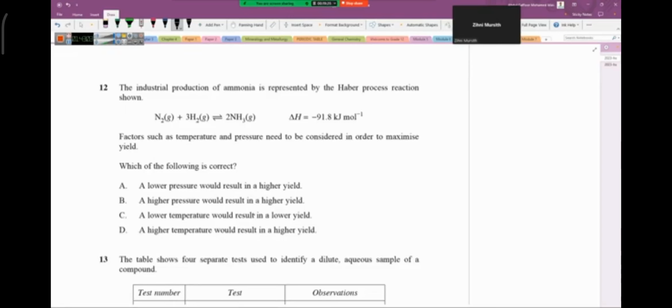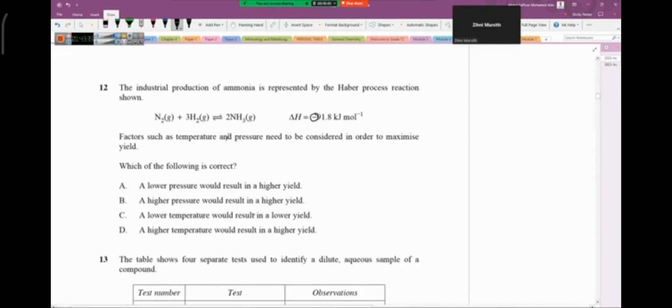Since this is an exothermic reaction, what is the yield here? Ammonia. So if we want to increase yield, we have to reduce the temperature, right? A lower temperature results in higher yield. Reduce the temperature.